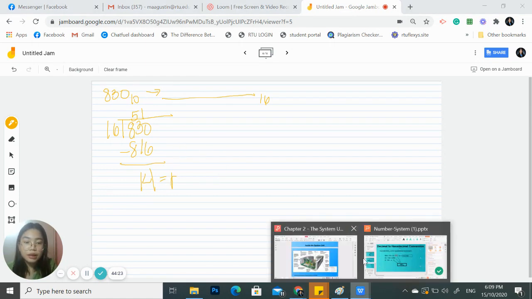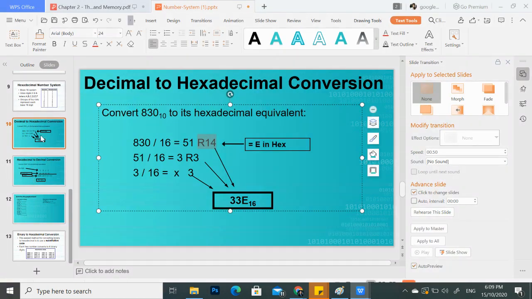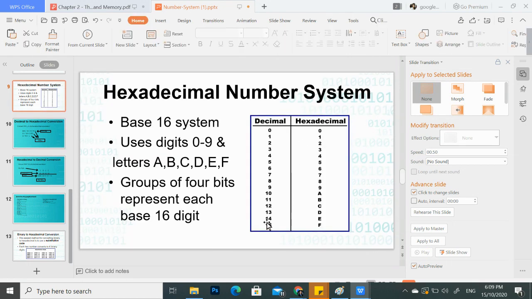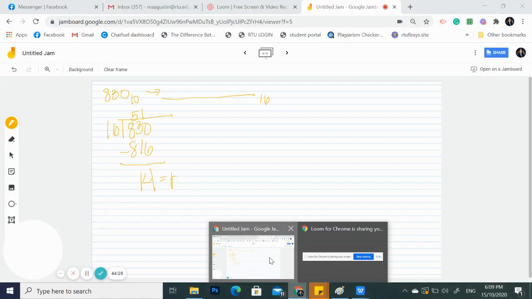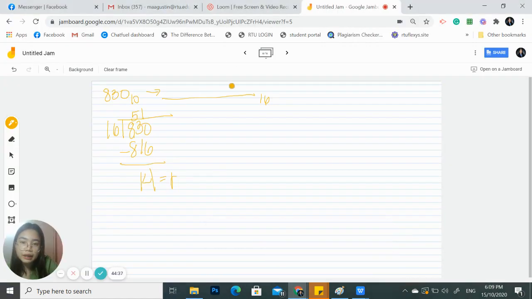So definitely, hindi siya katulad ni binary, di ba si binary 1 and 0 lang. So hindi siya ganon. So balik tayo dito sa hexadecimal natin. Tingnan natin kung ano equivalent ni 14. So si 14 ang equivalent niya ay letter E. Okay? So, lagay natin dito as a least significant digit, letter E. Okay?